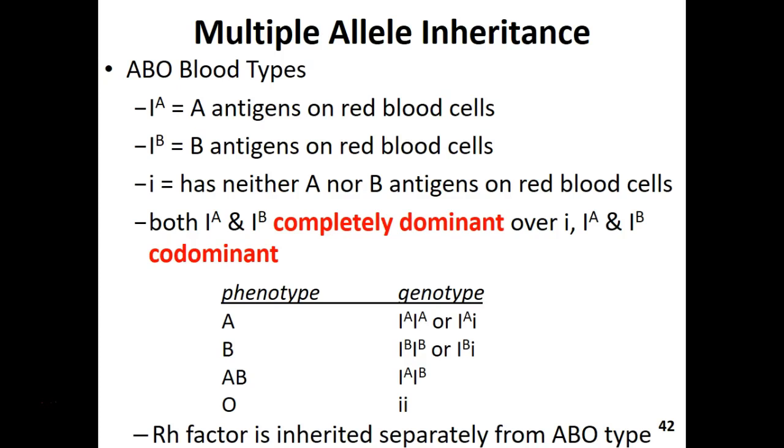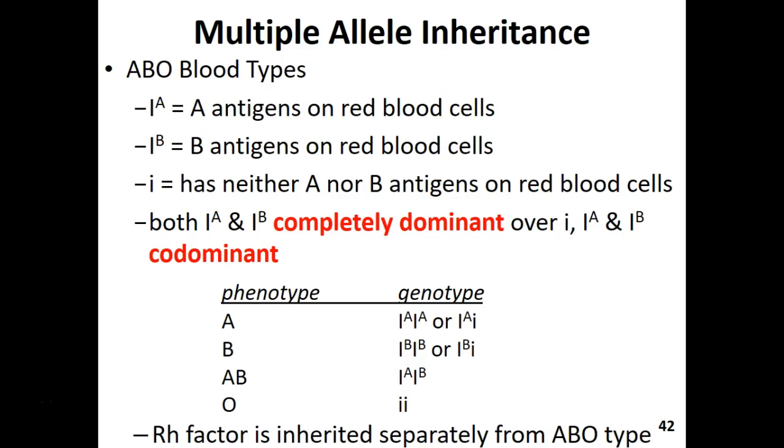And so we use the letter I as the indicator for blood, and then we put a superscript of a capital A on the blood cells that have A antigens, and we put a B on the B antigen blood cells. So A and B are co-dominant, which means they will be expressed equally in equal amounts. And they're completely dominant over little i, which is considered O blood type.